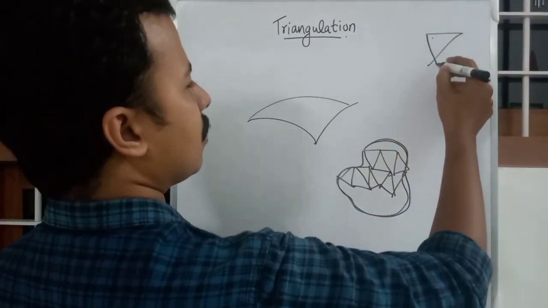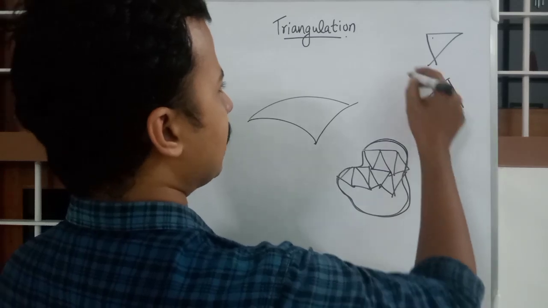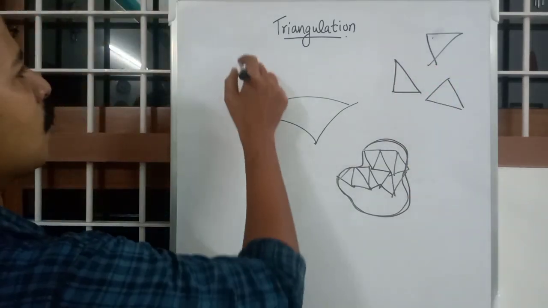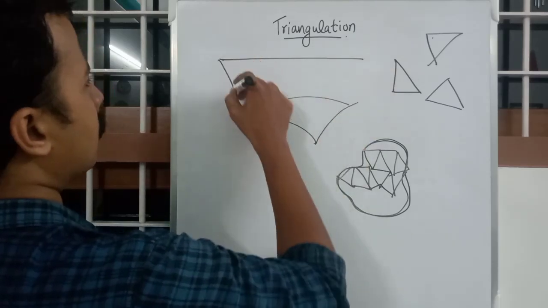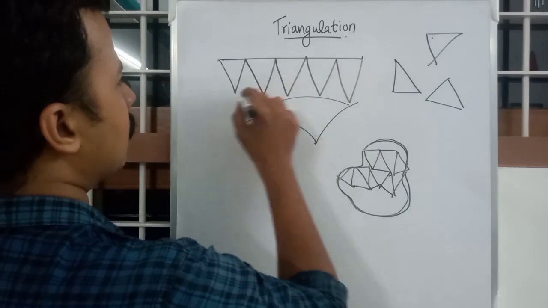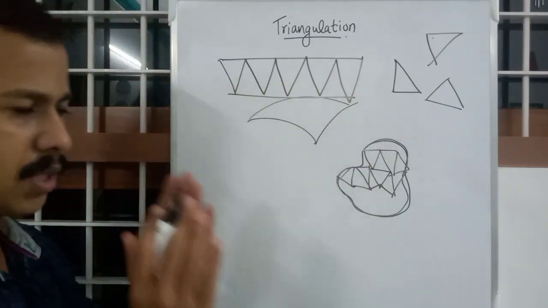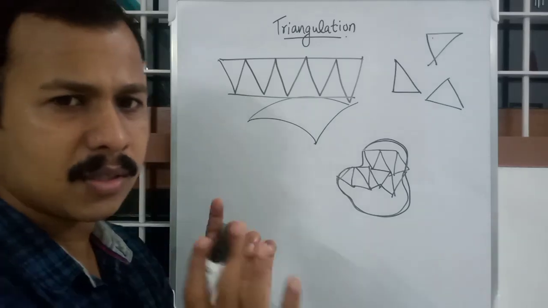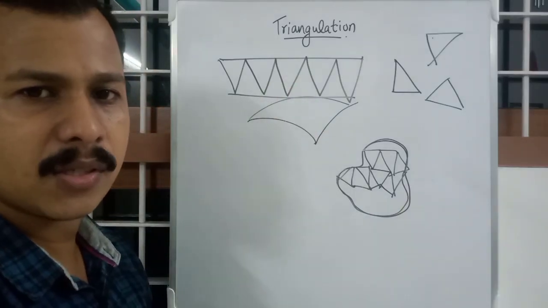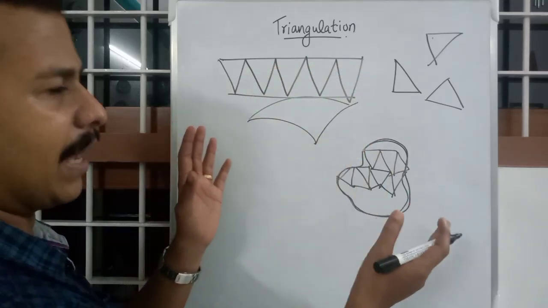There will be n types of triangles: equilateral triangle, right triangle, or even chains of triangles. This is called a chain of triangles. If we are surveying a straight line or strip-like portion, we will be using a chain of triangles. These are all triangulation figures.